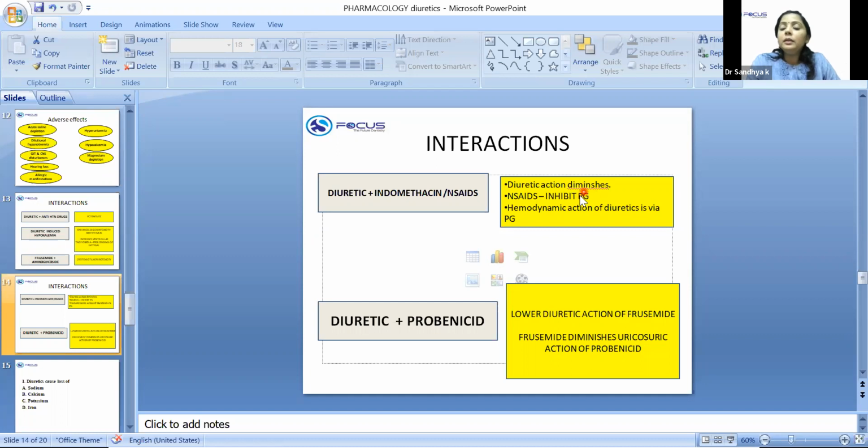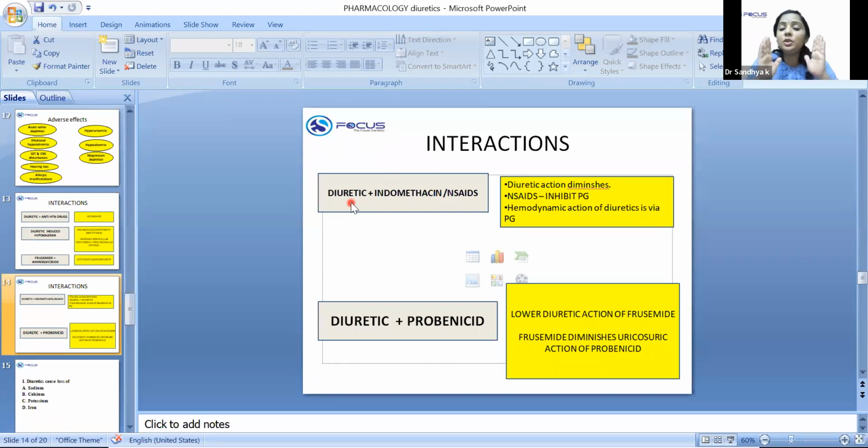Okay. Now, a diuretic has a hemodynamic action. A diuretic removes excess sodium and water from the body. So in different stages, we are seeing different actions of diuretics, right? A diuretic also increases the blood flow towards the renal tubules, so that a larger amount of filtrate is formed and removed from the body.